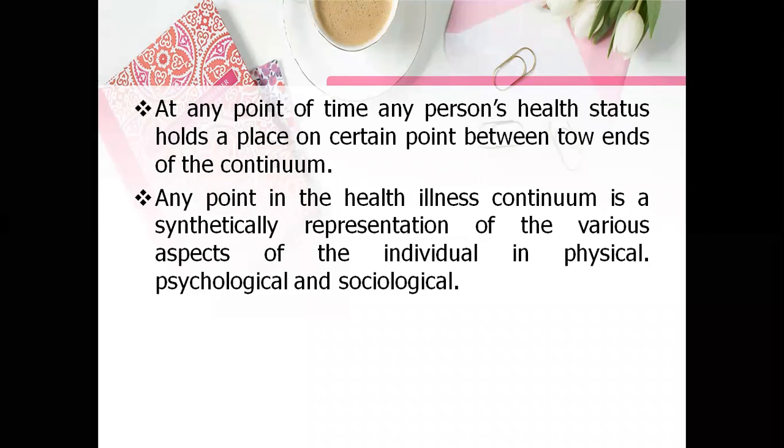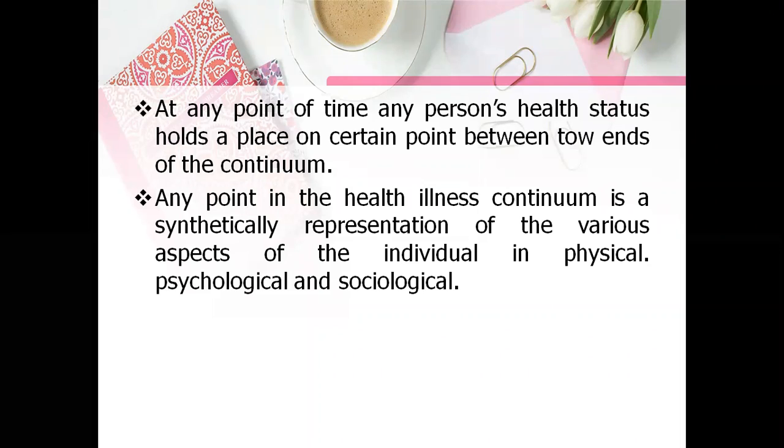So if you see the health-illness continuum, what does it indicate? It indicates our physical health, our psychological health, that means our mental and emotional health, whether we are able to deal with our stress daily, whether we are able to cope with anything that comes in our life.